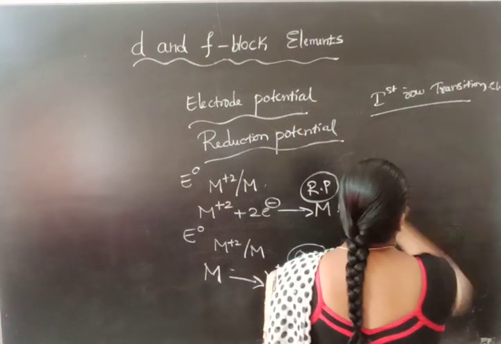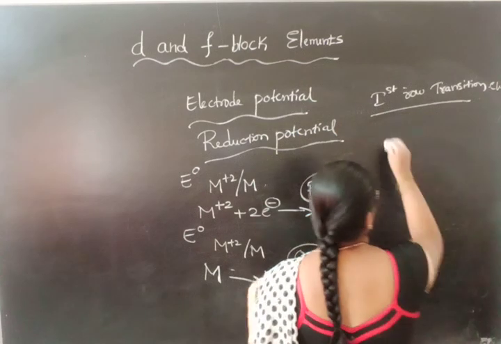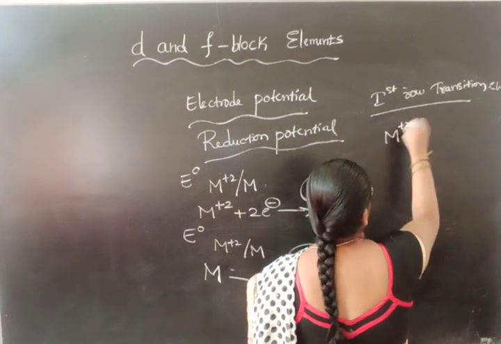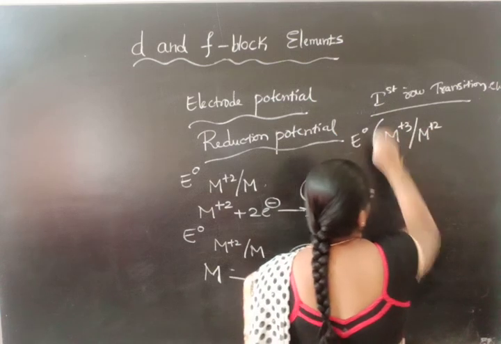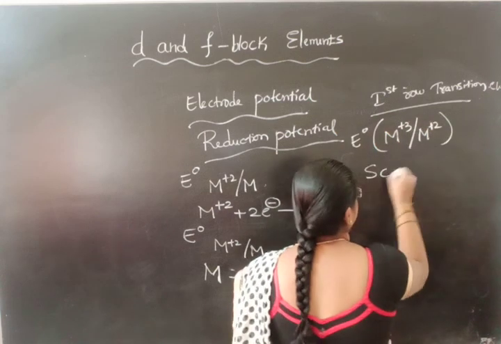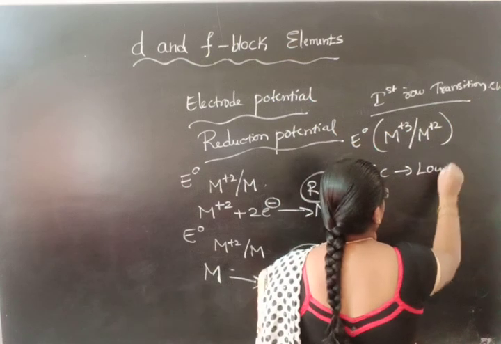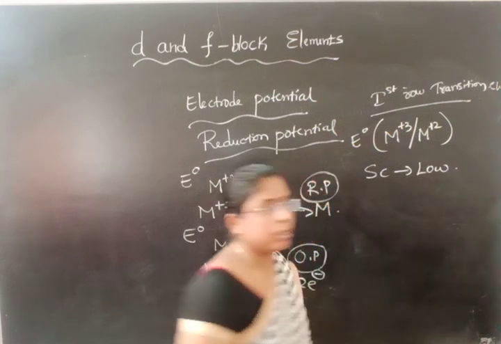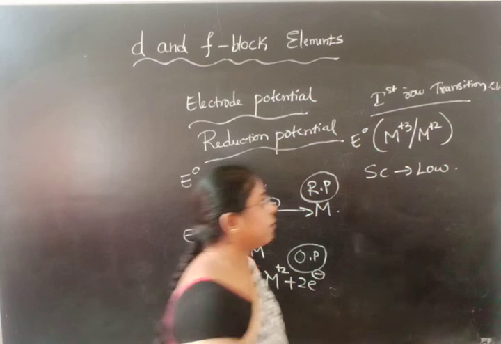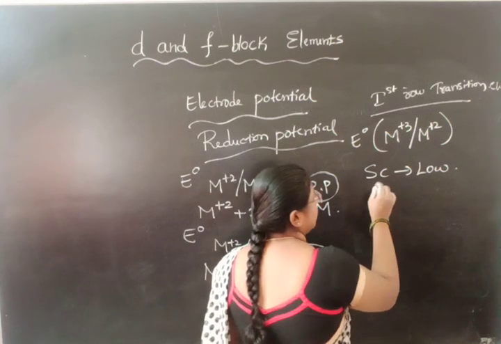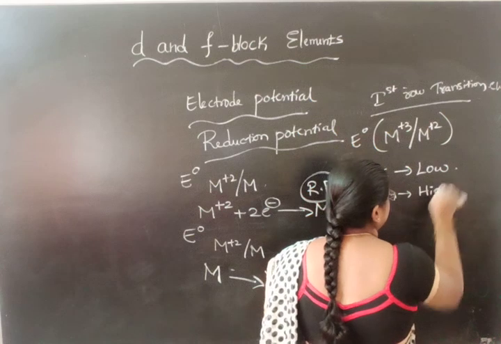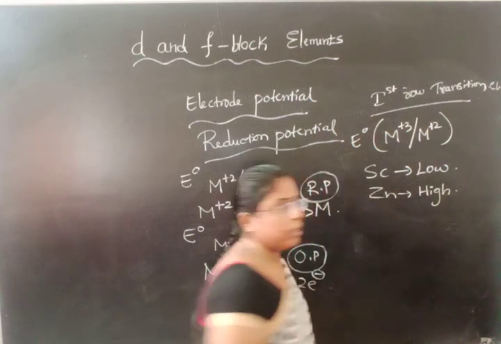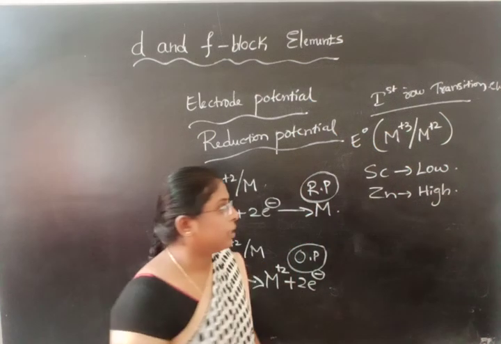If I take scandium, E0 for M plus 3 to M plus 2, scandium has a low electrode potential, whereas zinc has a high electrode potential. We are studying with respect to reduction potential only.